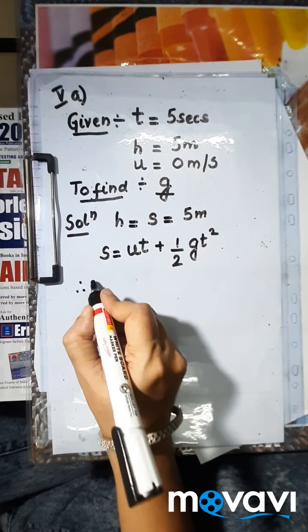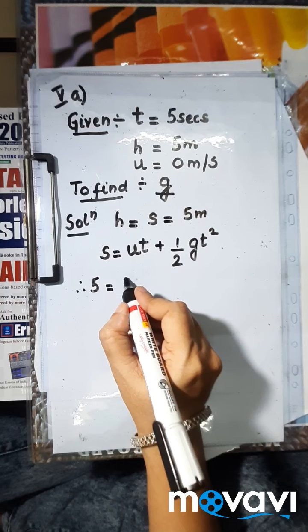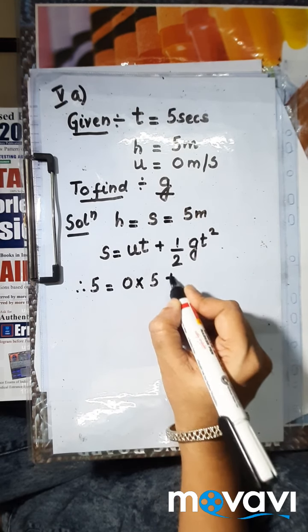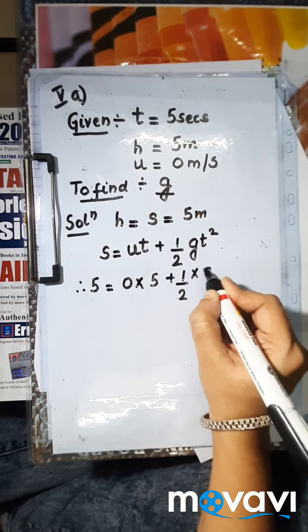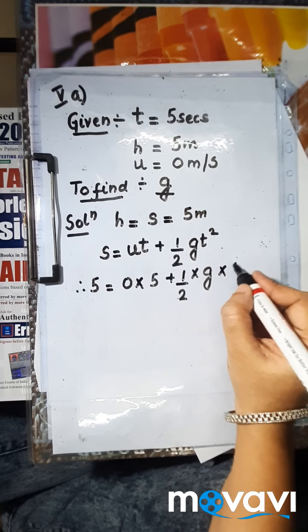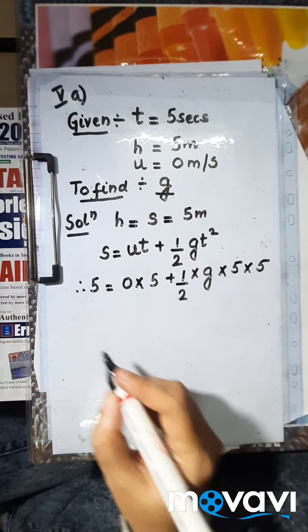Therefore, my S is the height, so this is 5. My U is 0. So 0 multiplied by 5 plus half into G multiplied by T square. So T square is 5 multiplied by 5.